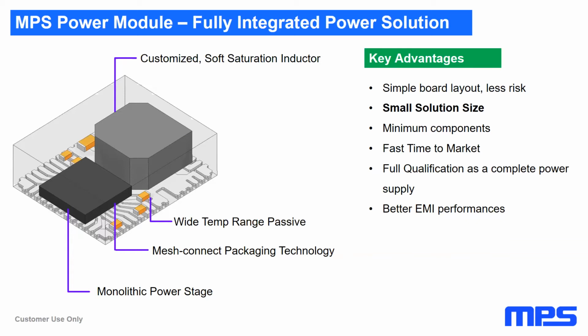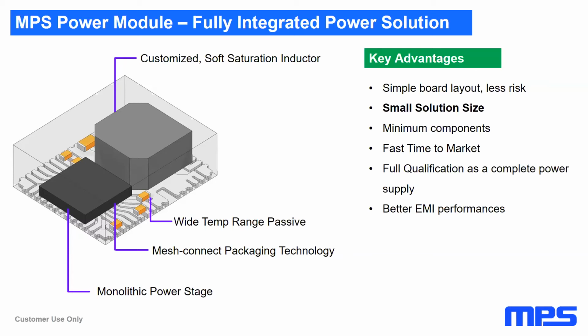In our modules, we integrate the inductor with the power stage and several other passives inside a single package. As I'll show in the coming slides, this gives us a big advantage in how we reduce the footprint size, and it also gives us flexibility in how we create that footprint, whether it's a stacked module for 3D packaging or an ultra thin profile design.